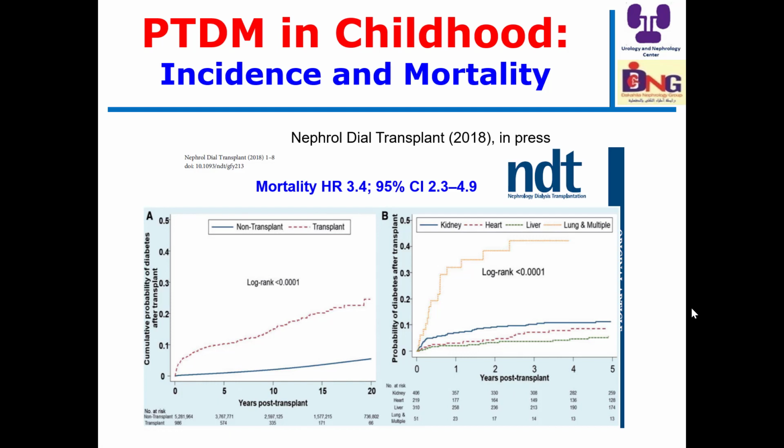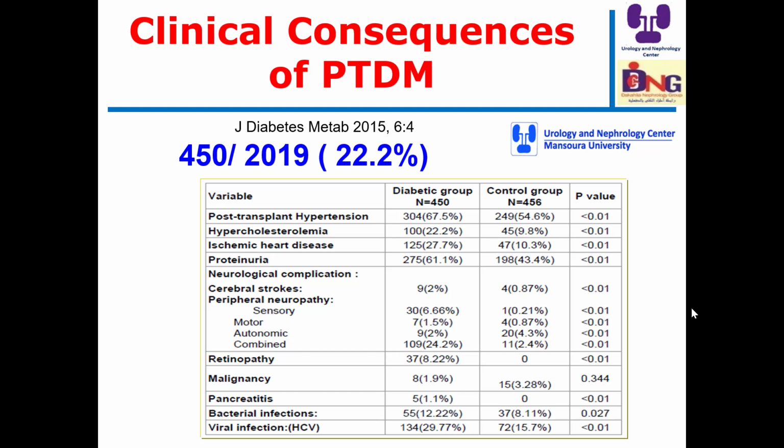And development of diabetes after transplantation is associated with increased mortality of recipients. So again, like the presence of diabetes from the early beginning as an original kidney disease, or here, development of post-transplant diabetes, mortality of the patients increased significantly.